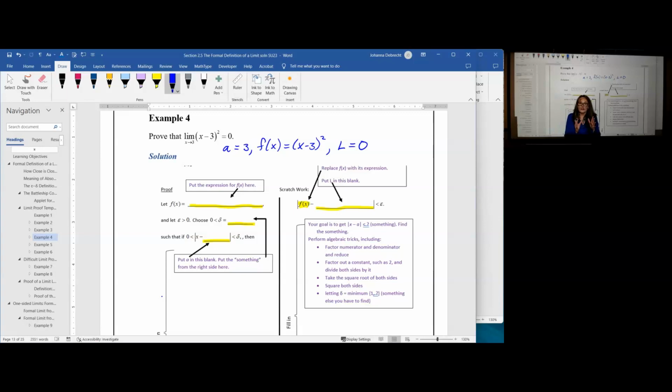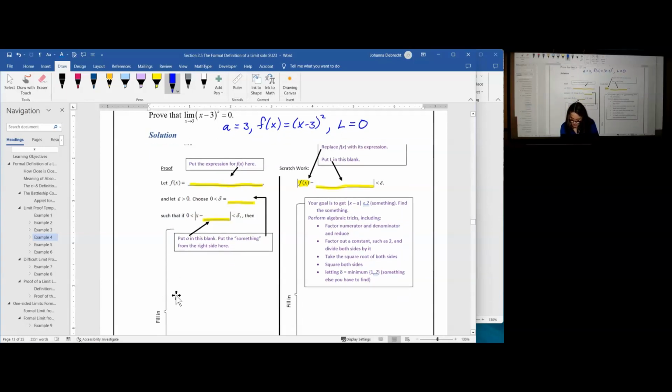Now we start on the scratchwork side with the function value minus L inside absolute values. I have x minus 3 quantity squared less than epsilon. That's what I want to prove, but I've got to work backwards to find delta to make it work.